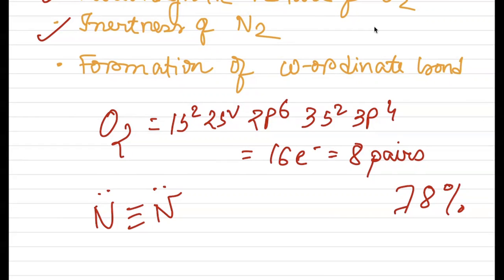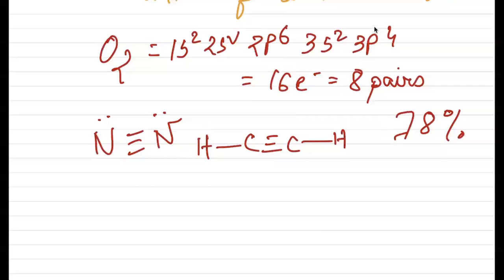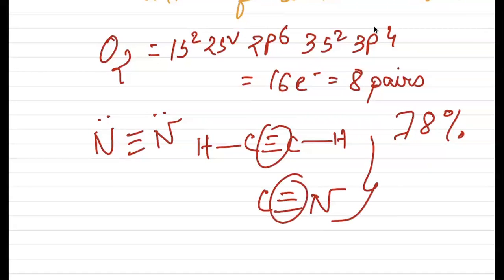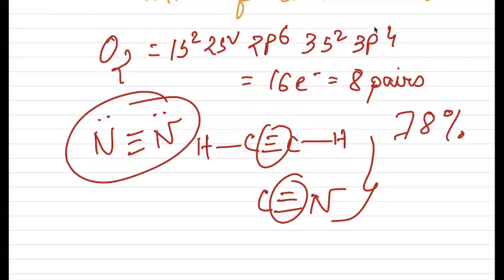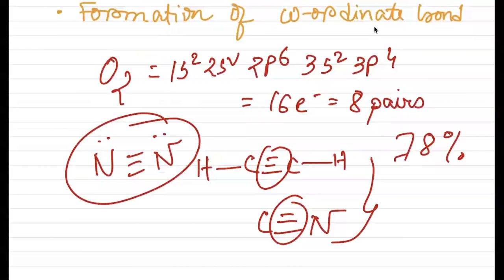So what is the reason? Alkynes are not inert. Cyanide also has a triple bond, but it is not inert. Why is nitrogen inert?